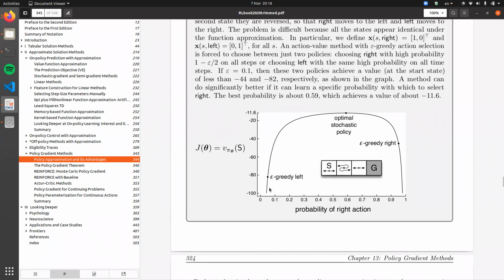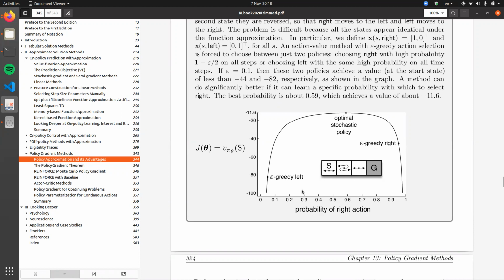But you can see on this plot that epsilon greedy action selection is really bad compared to the optimal policy. In both cases, it will take much longer to complete a single episode compared to some in-between strategy.